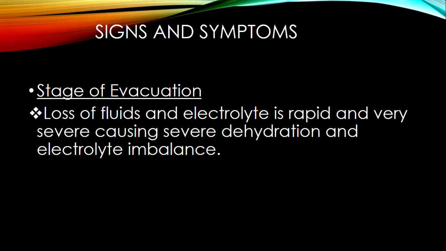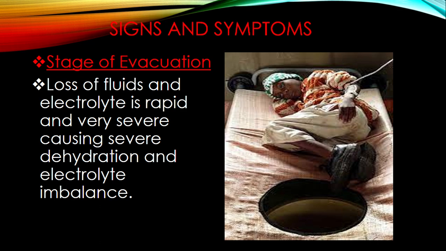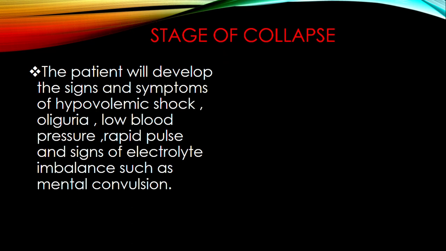As a result, there will be electrolyte imbalance and severe dehydration. So during the stage of evacuation, loss of fluids and electrolytes is so rapid and severe, causing severe dehydration and electrolyte imbalance. So the patient will develop signs and symptoms of hypovolemic shock.